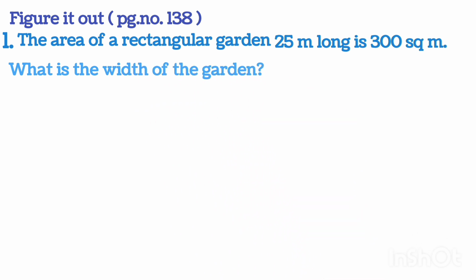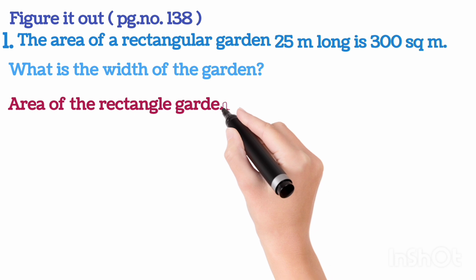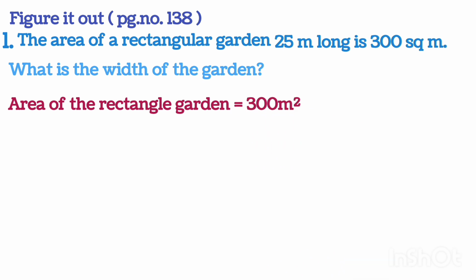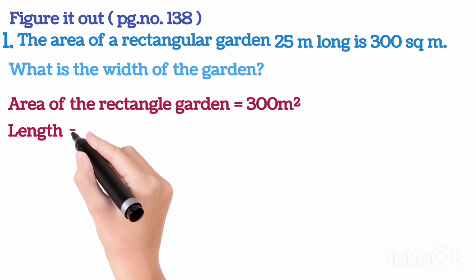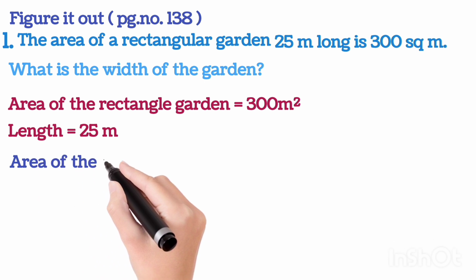What is the width of the garden? Means area is given and length is given. So the area of the garden is what? Whatever is given, you write that first. Area of the rectangular garden equals 300 meter square and length equals 25 meter.